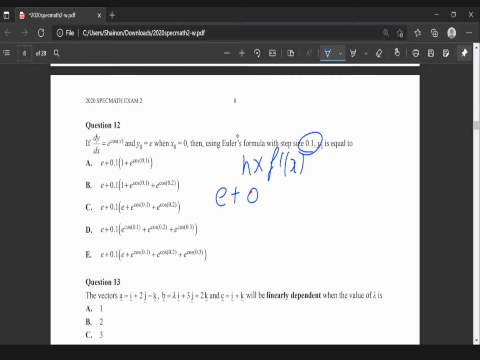So E plus 0.1, then it's going to be E again, since we know it starts with E, so x1 is E plus E cos, that's the differentiated function, of 0.1.